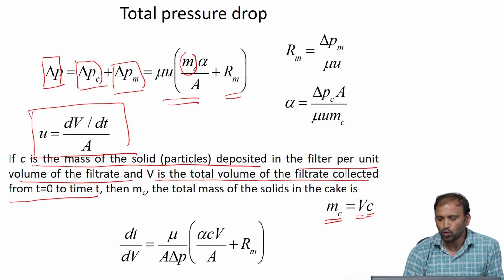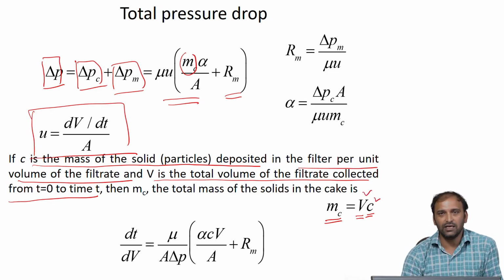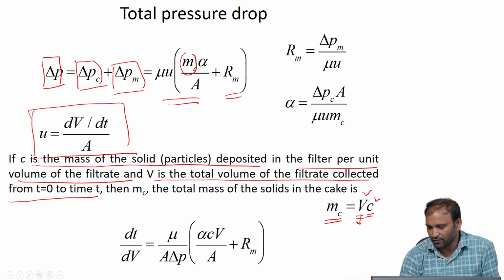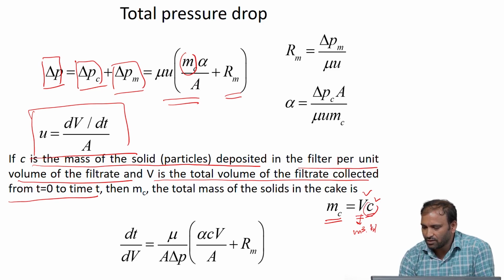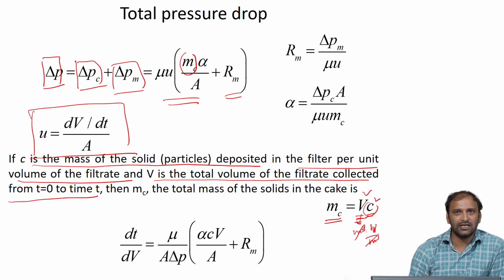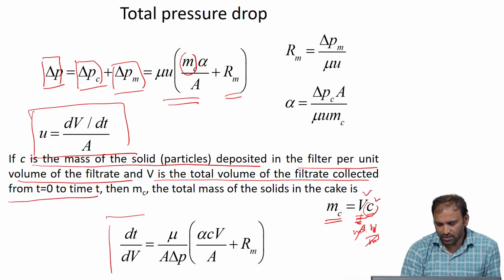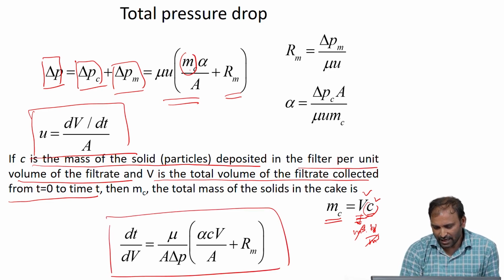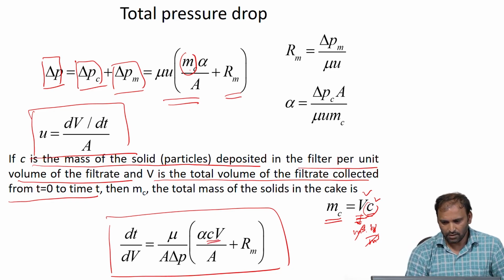If I know these two quantities, mc is the product of V times C. V has units of meter cube, and C has units of kg per meter cube. Therefore mc has units of mass, the mass of solid particles deposited onto the filter cake. So instead of mc, I can replace it with C times V.